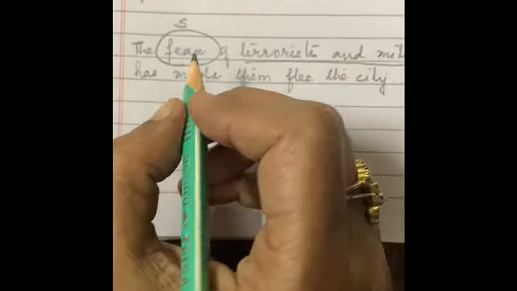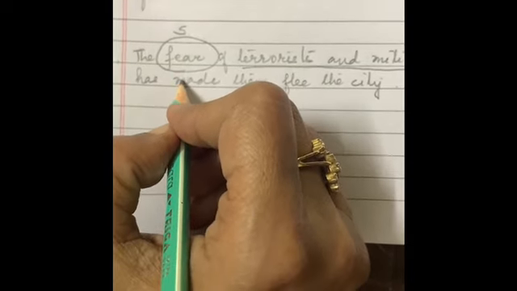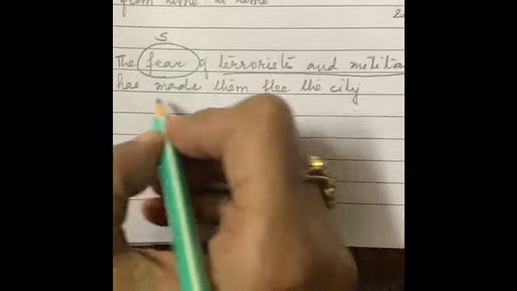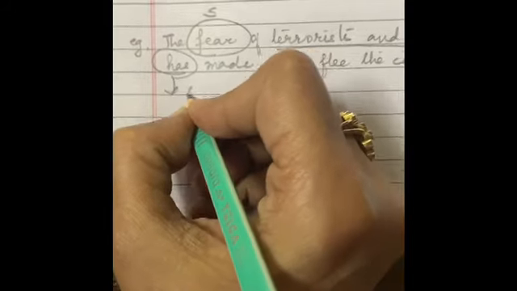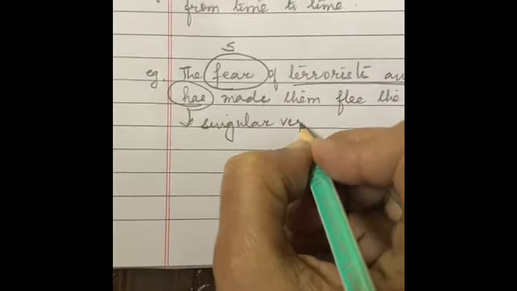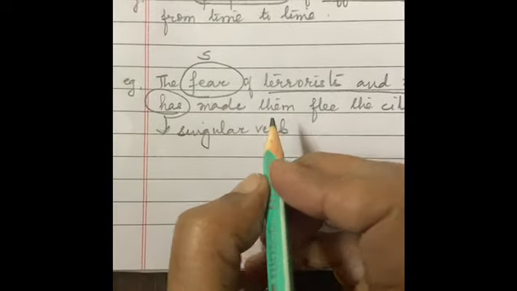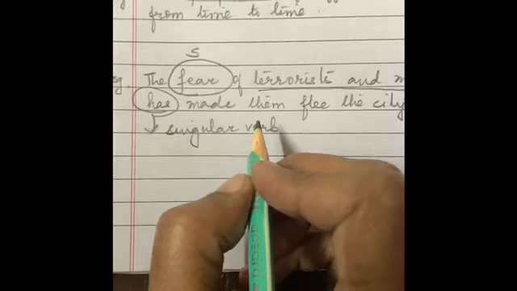This is singular in form. Therefore, we have used the word has, which is a singular verb. Is it clear? So this is rule number 4.